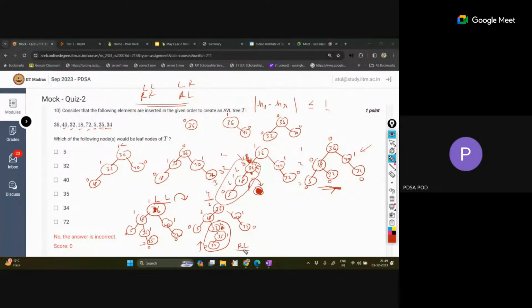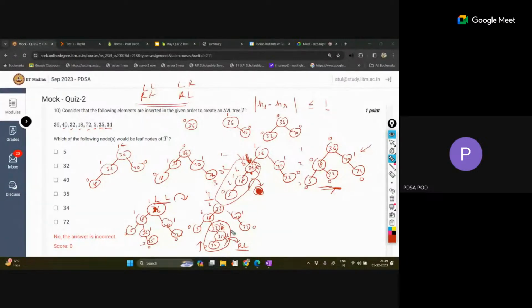So this is the RL case, where the height is increasing on the right and then left. In this case we apply 2 rotations. First rotation we apply on the child node of the node which has the greater balance factor, and that rotation is clockwise, one position clockwise on 35.